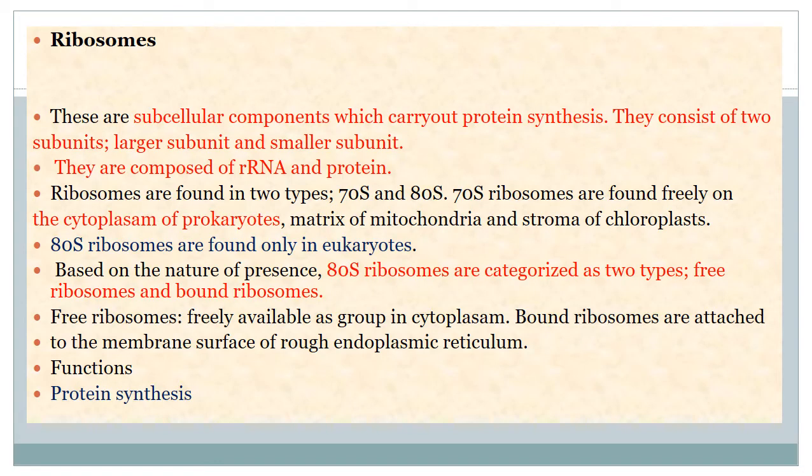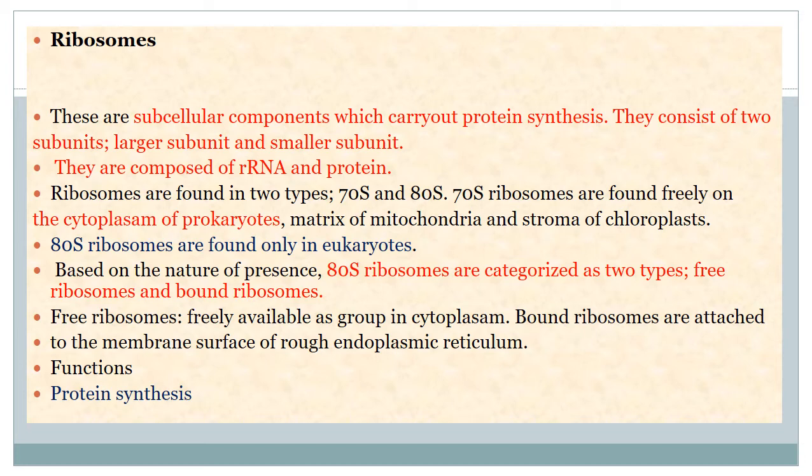Ribosomes are subcellular components which carry out protein synthesis. They consist of two subunits, a larger subunit and a smaller subunit, and they are composed of rRNA and protein. There are two types of ribosomes, 70S and 80S. 70S ribosomes are found freely in the cytoplasm of prokaryotes, in the matrix of mitochondria and in the stroma of chloroplasts. 80S ribosomes are found only in eukaryotes.